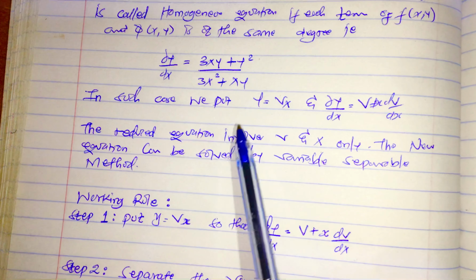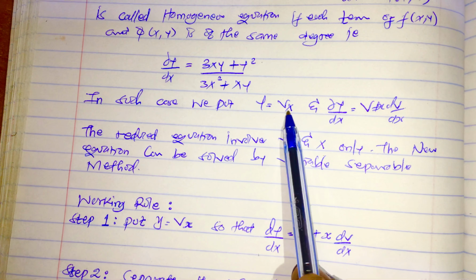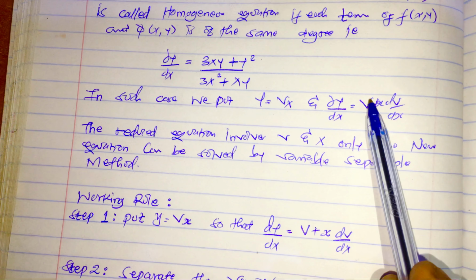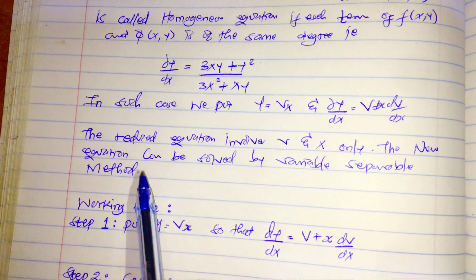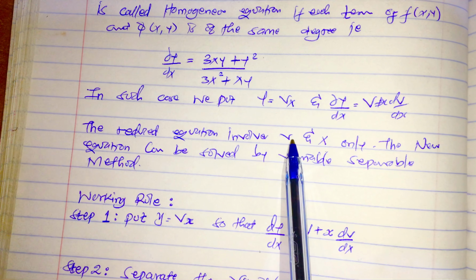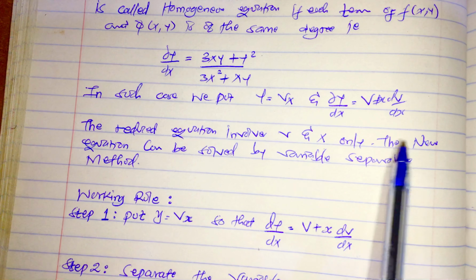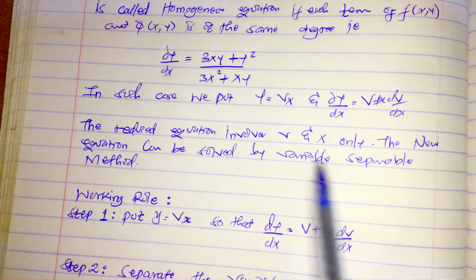So in such a case, we put y equals vx and dy/dx equals v plus x dv/dx. The reduced equation involves v and x only. The new equation can be solved by the variable separable method.